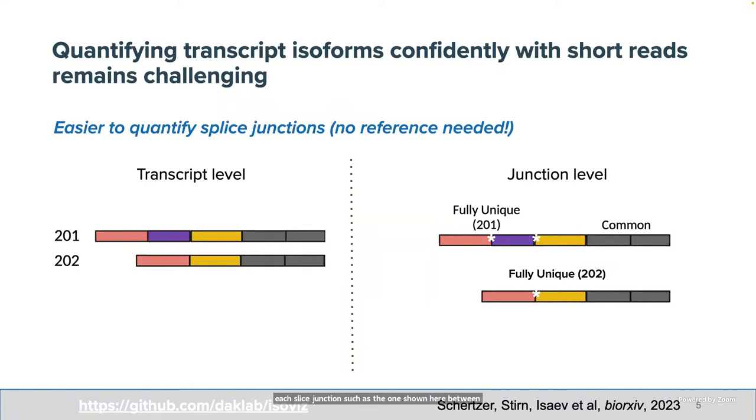We can then evaluate the proportion of reads that map to these junctions relative to the other junctions within the same clustering event. Then we can rely on these observed splicing reads to guide our annotations of the splicing events, rather than relying on a reference genome or reference annotation of these splicing patterns.